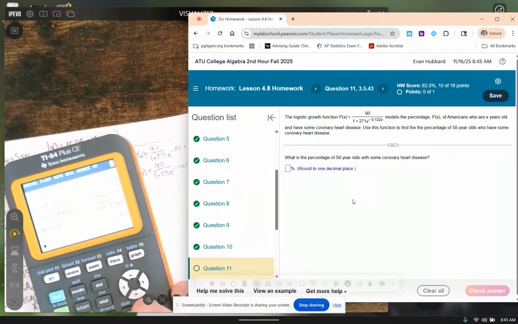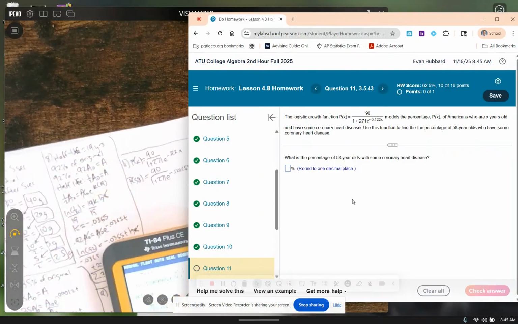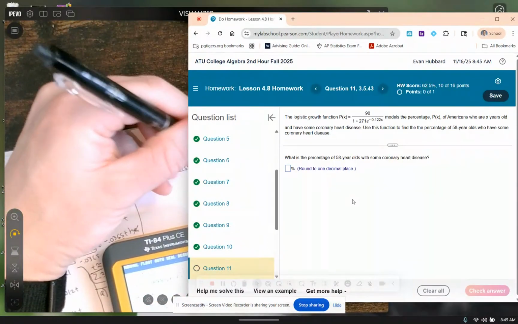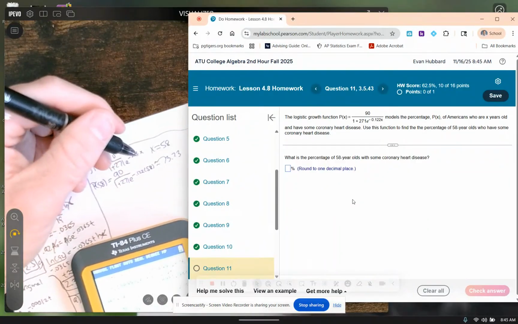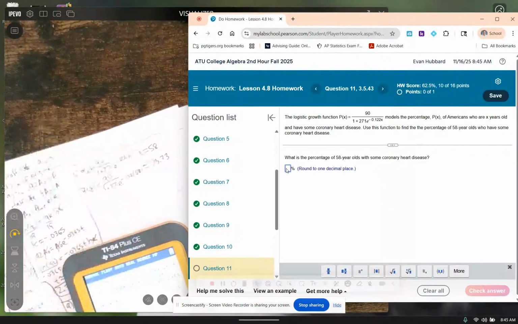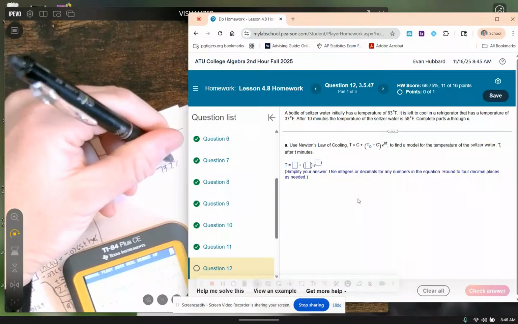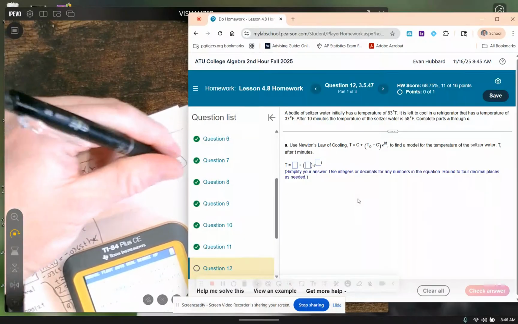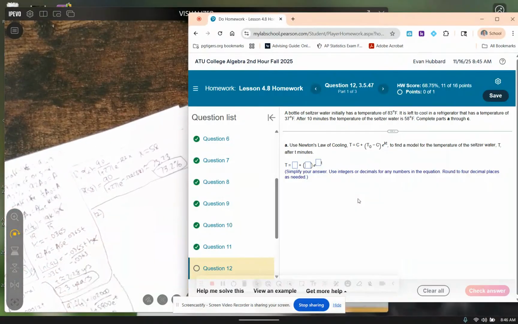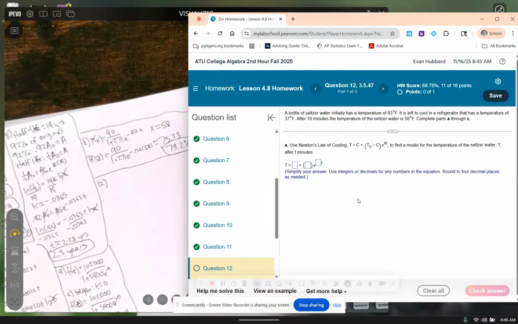So 90 divided by 1 plus 271 e to the negative 0.122 times 58 is 73.23. To one decimal place, that's 73.2%. All right, trying to fit all this on one paper. There is a chance. I say that, and then we've got a part 3 question, so maybe not.